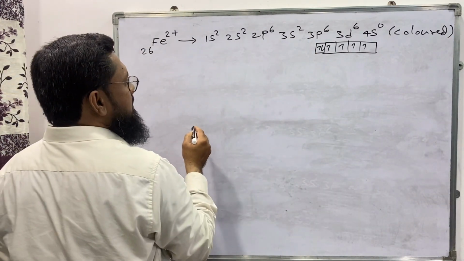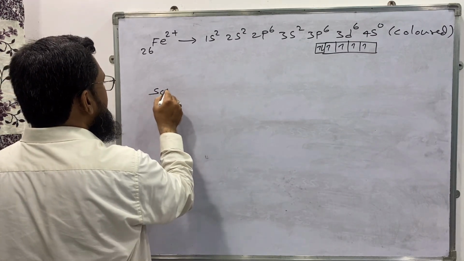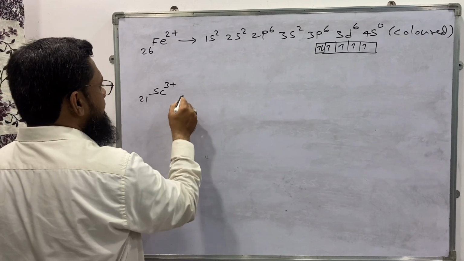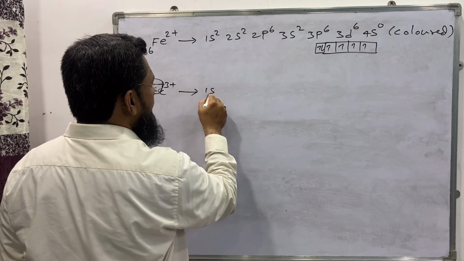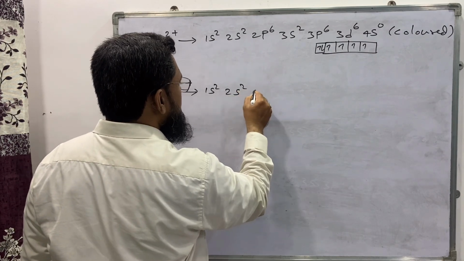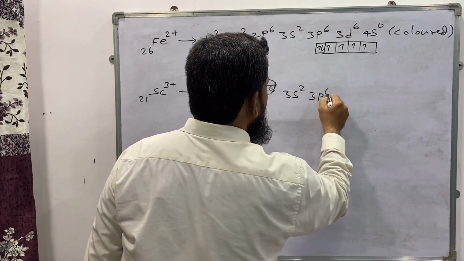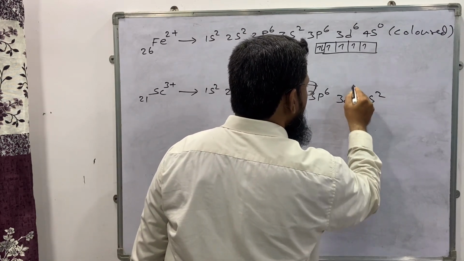Now, for example, if you take scandium 3 plus, you know scandium atomic number is 21. So 21 can be written as 1s2, 2s2, 2p6, 3s2, 3p6, 4s2, 3d1.